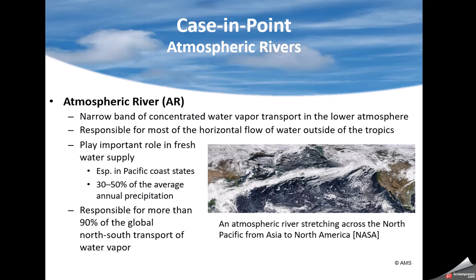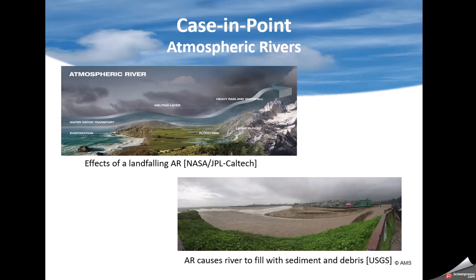When they come in, they bring moisture literally, in this case, almost from Asia, all the way across the Pacific and into the west coast of the U.S. So other times you might see an atmospheric river coming out of the Caribbean into Texas or into the southern part of the United States. They're a very influential way that moisture moves.